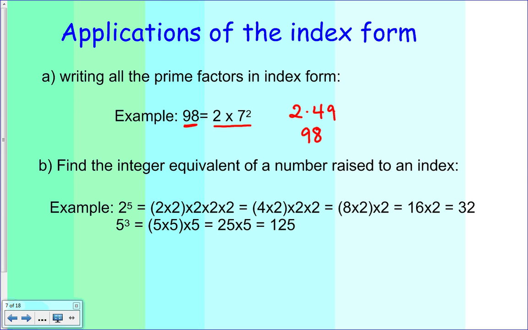And we can also go the other way around. If I have a number that is raised to an index, I could multiply it out to find the integer equivalent of that. And we have a couple of examples here where we have 2 to the power of 5 gets broken up as this, 2 times 2 times 2 times 2 times 2.